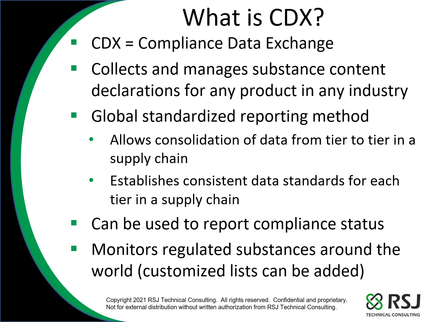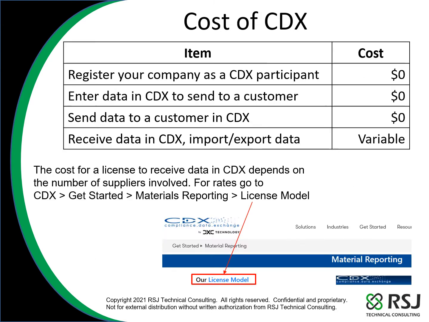It allows data from each tier in a supply chain to be added together to paint a complete picture of a particular product. It's used to report compliance status, and CDX monitors regulated substances around the world on many different lists, and you can even add customized substance lists to CDX if you need to.